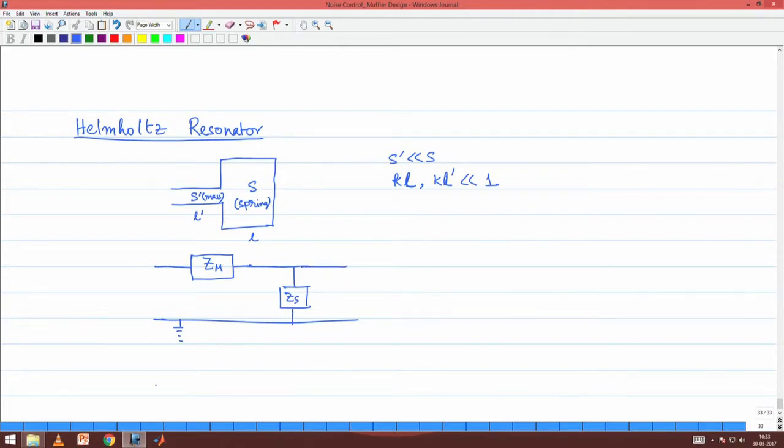And what happens downstream, if we assume that this is rigid? That means no current has to go, which means this is open, which means I need not consider this part of the circuit. I obviously need to complete the circuit from this side also through a potential or a pressure, right. So, this circuit is going to read as Zm and Zs.